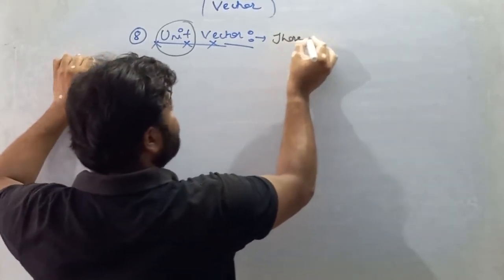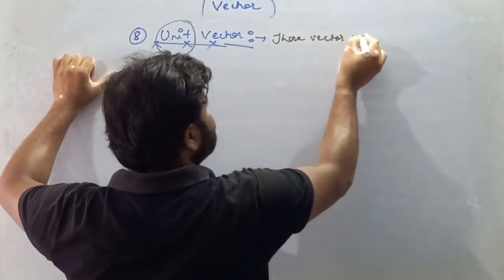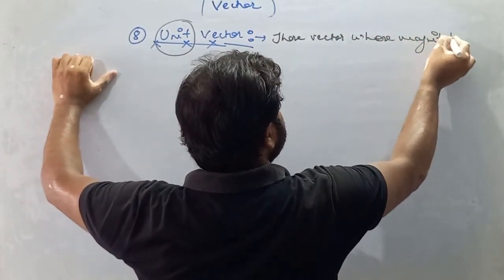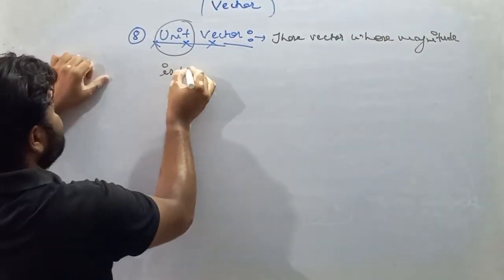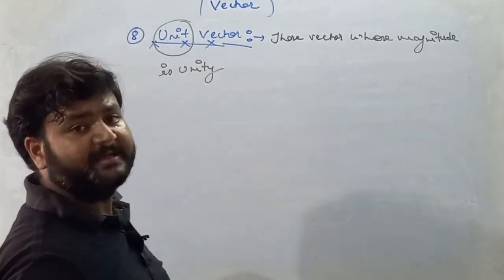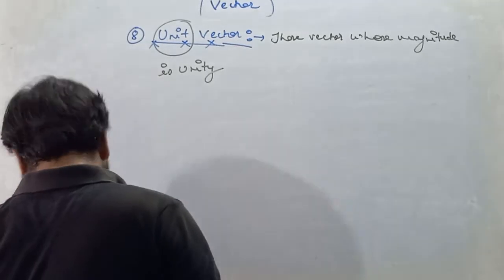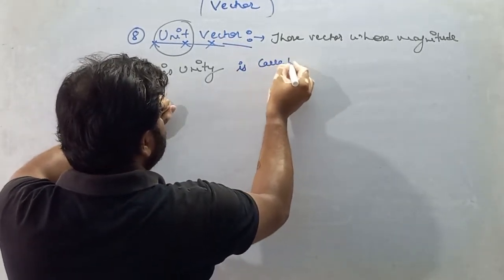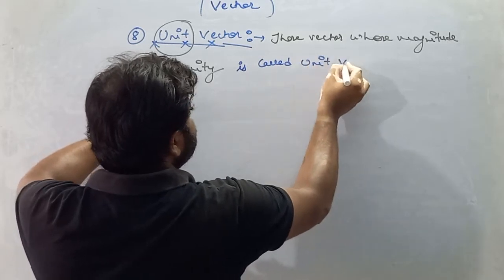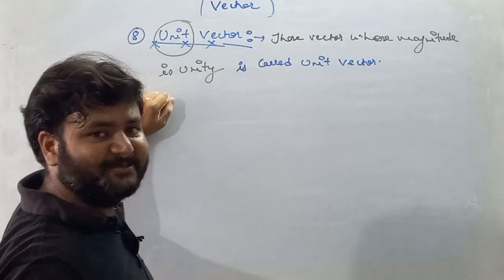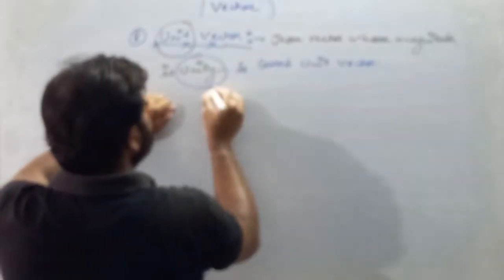I'll write here, those vectors whose magnitude is unity are called unit vector. So those vectors whose magnitude is unity means, my dear student, 1. Unity means 1.